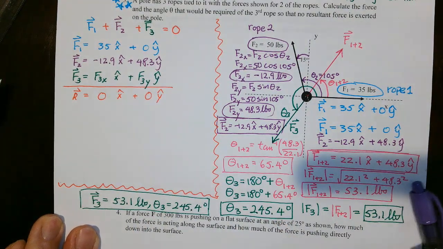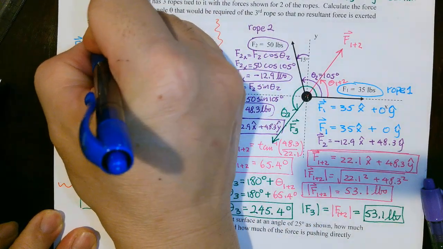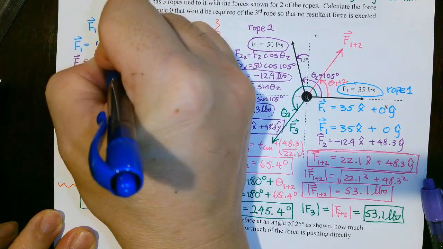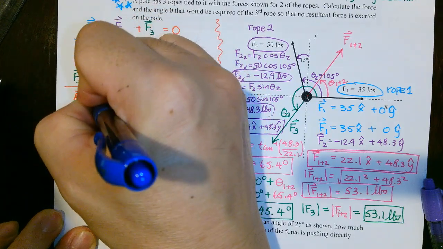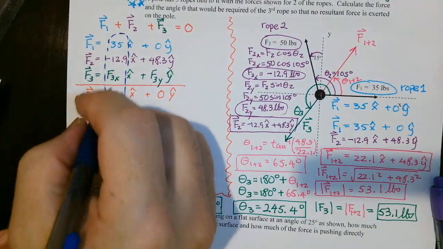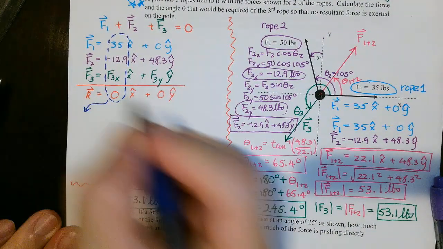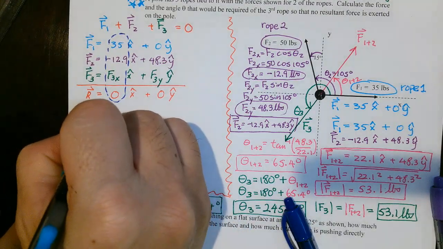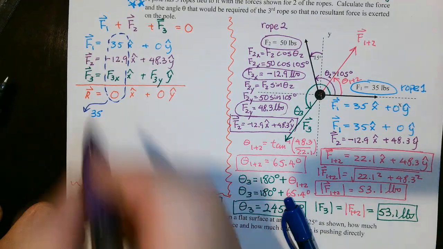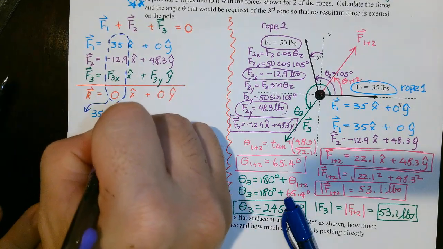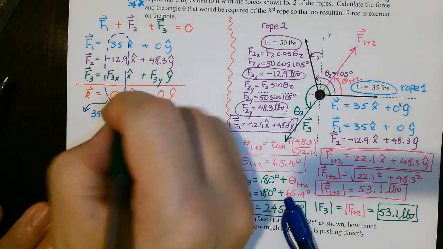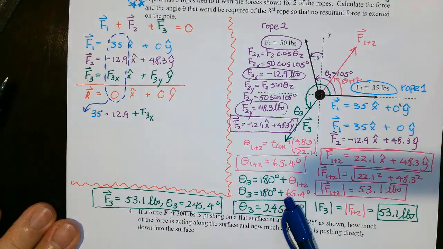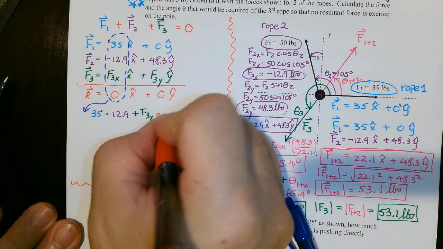So if I were to take a look at just the x column and analyze that, I should have 35 minus 12.9 plus F3x is equal to 0.